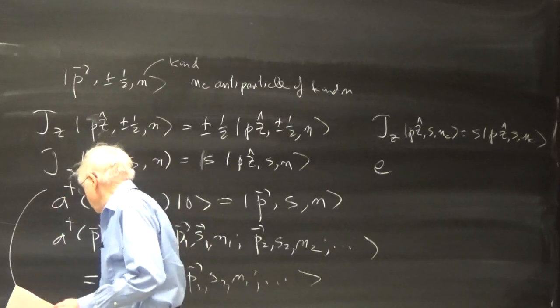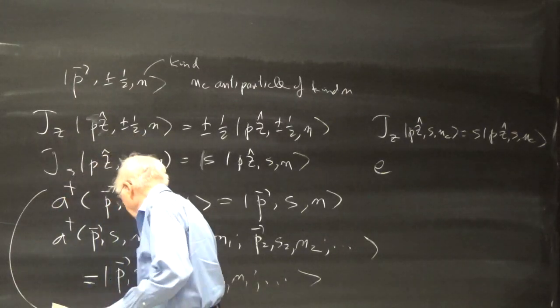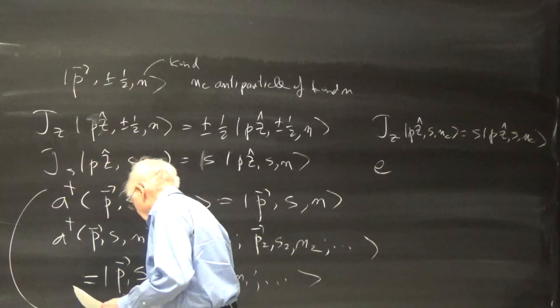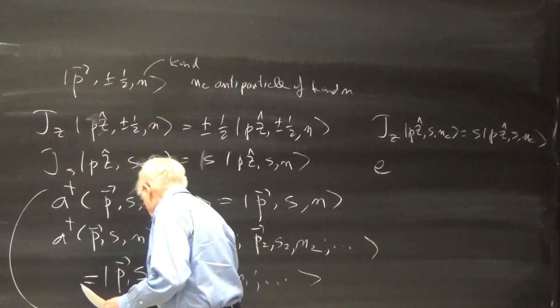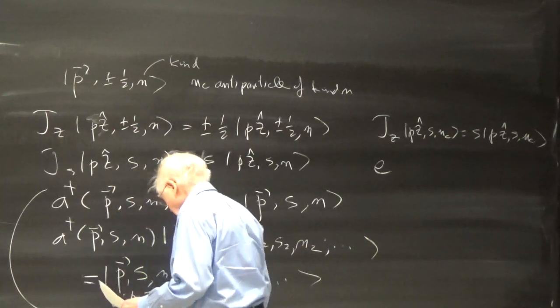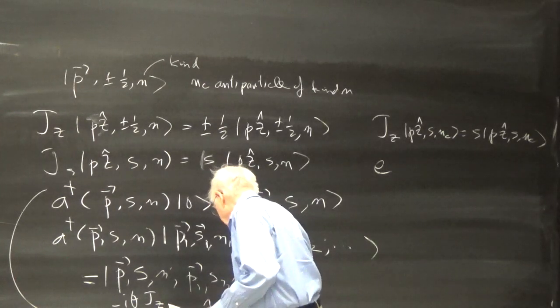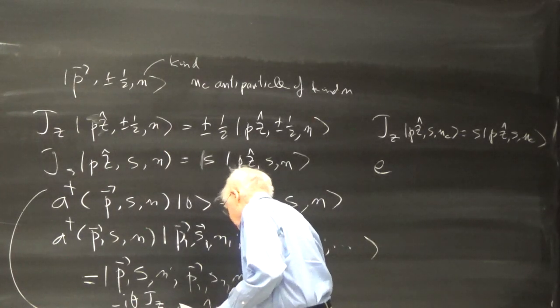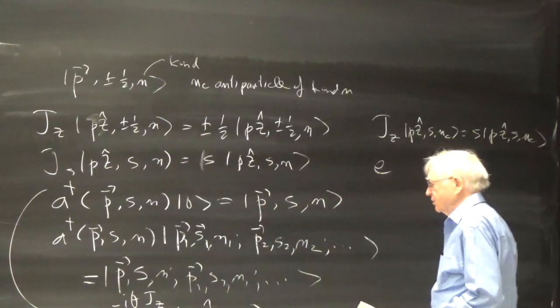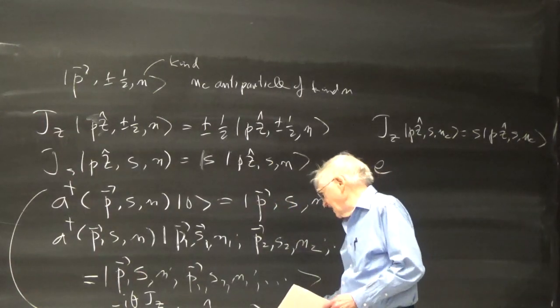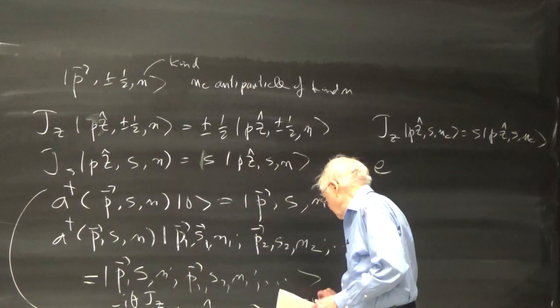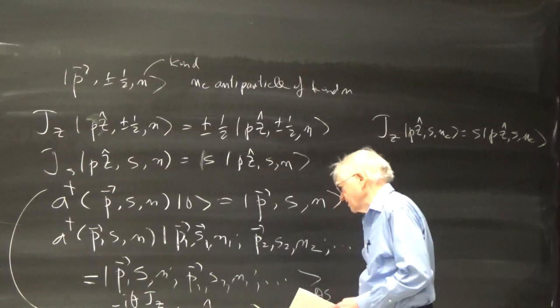In between these two equations, I wanted to write down e^(-iθJz) on the state |p z-hat, s, n⟩. So this is a state of momentum in the z direction, with rotation about the z axis.